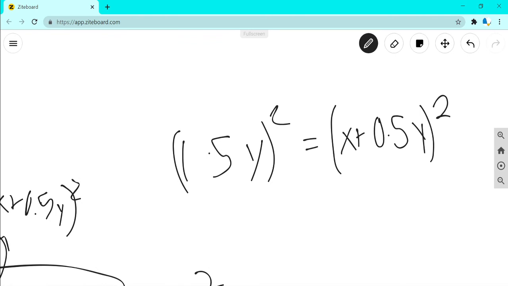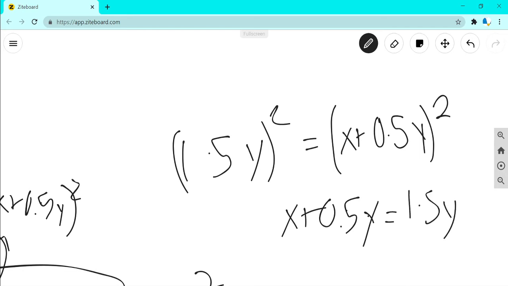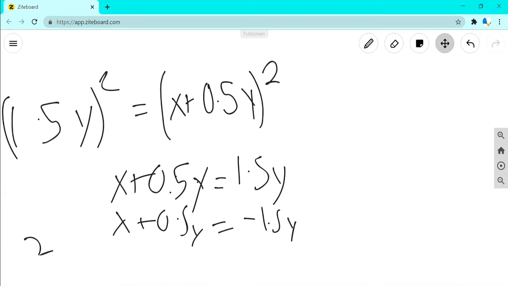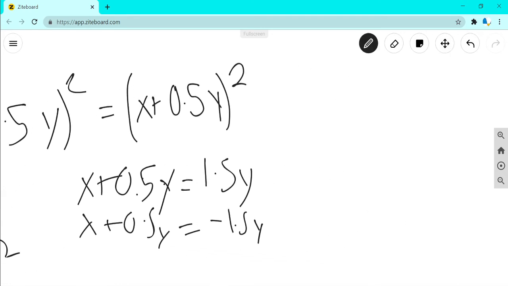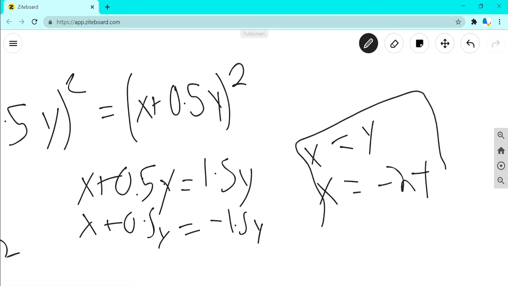Now you can square root both sides. You're going to get two equations: x plus 0.5y is equal to 1.5y, and x plus 0.5y is equal to negative 1.5y. That is just x equals y, and x equals negative 2y. So these are our two situations.